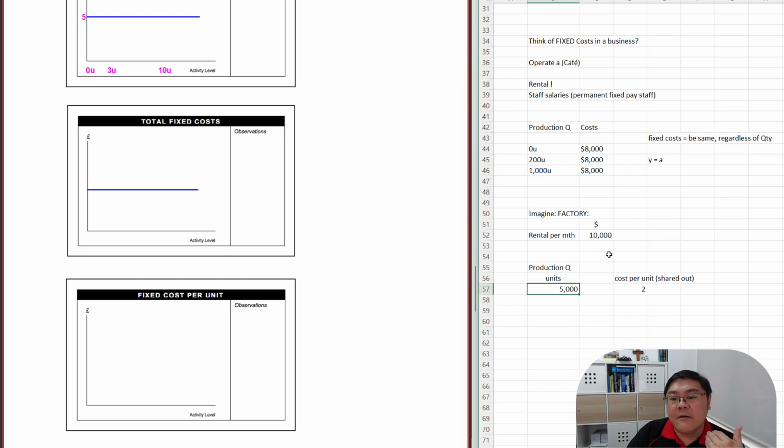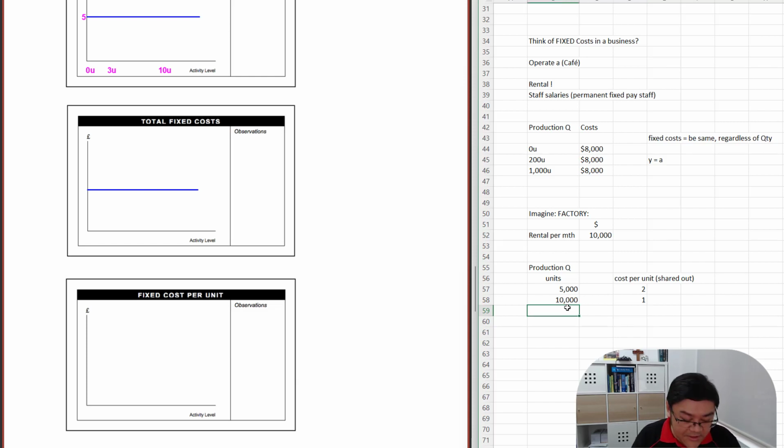So tell me, what would you do to reduce the cost of your product? You probably will say, I'm going to make more. Am I right? Now imagine you increase the production from 5,000 to 10,000. You take the same cost, divide by the units, and it drops to $1.